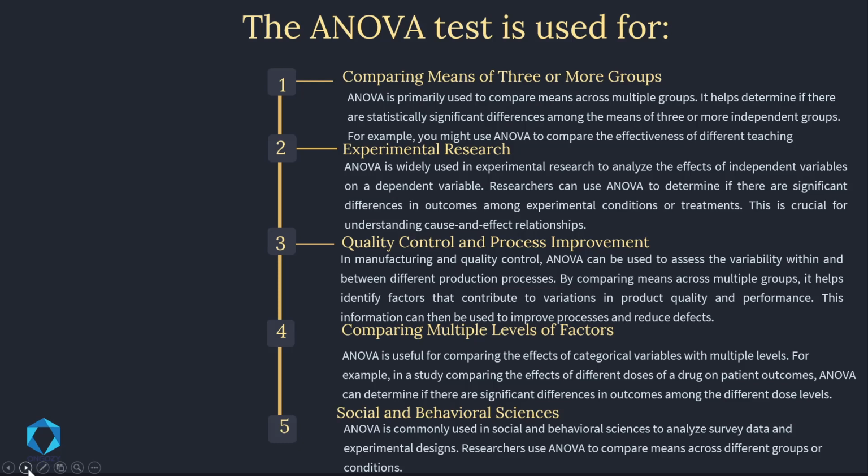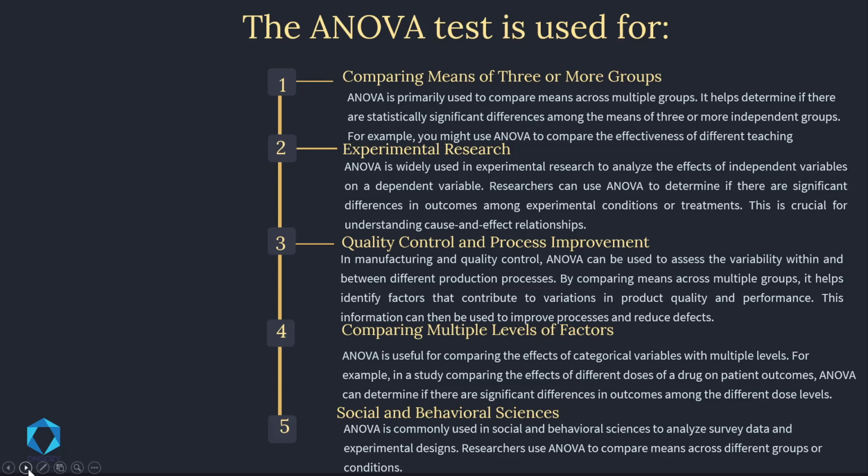ANOVA is primarily used to compare means across multiple groups. It helps to determine if there are statistically significant differences among the means of 3 or more independent groups. For example, you might use ANOVA to compare the effectiveness of different teaching methods. Then we have experimental research.